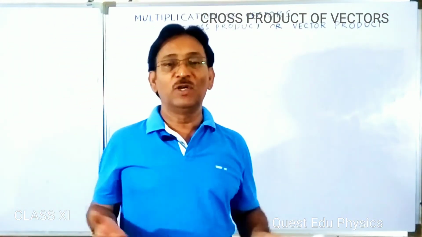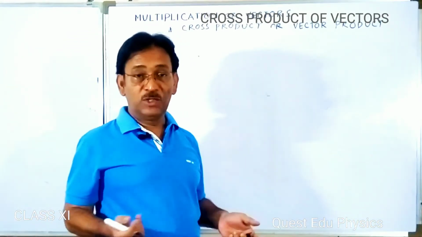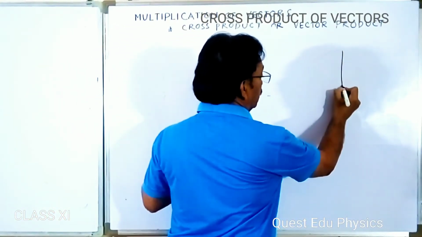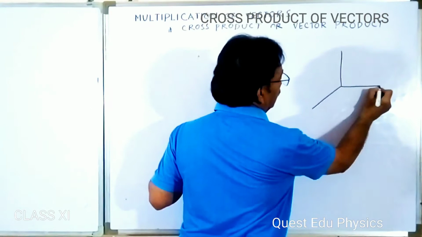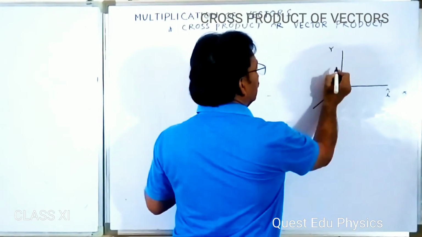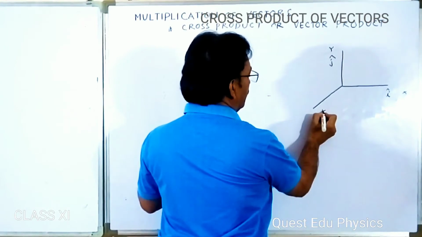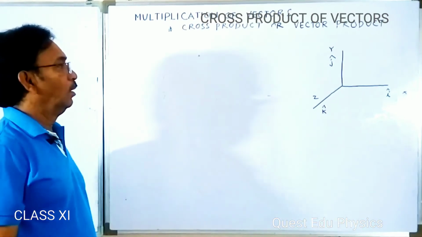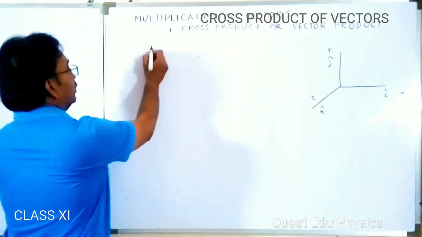As you know, what is a unit vector? The vector whose magnitude is 1. But here we are taking the orthogonal triads. Here we represent them as i cap along the x-axis. If it is the y-axis, then the unit vector along the y-axis is j cap, and along the z-axis it is k cap. We have to go with vector multiplication of the unit vectors.